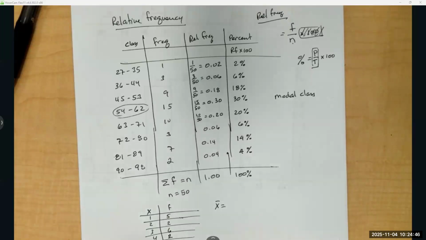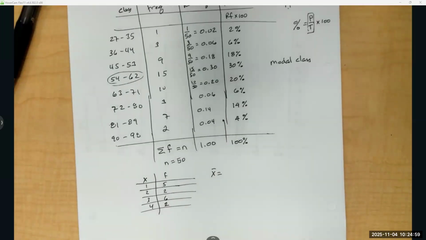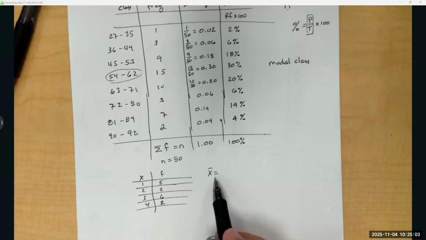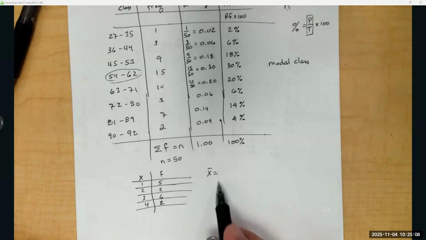So how would we find the average of this small data set here? Think about it. If we looked at our data, because we know how to find the average, add up all the data set and divide by how many you have. First off, how do we know how many we have?